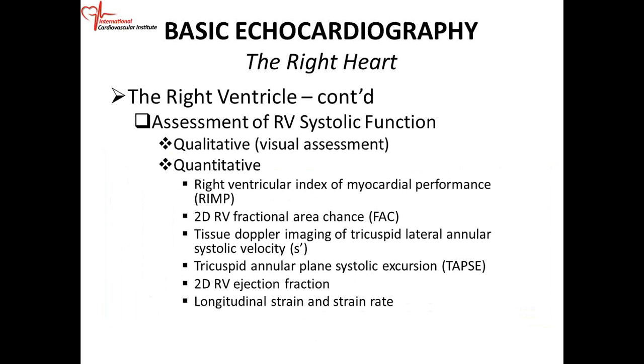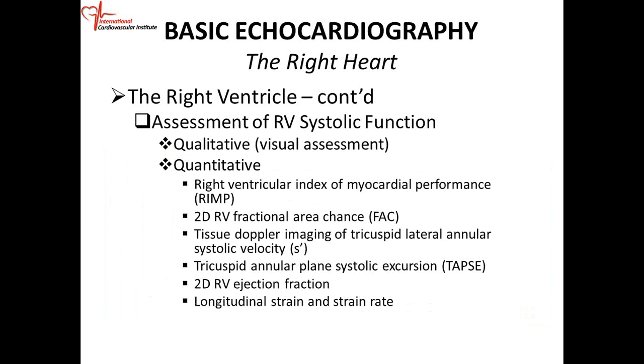We can assess RV systolic function using a number of different studies, different measurements. So when we talk about RV systolic function, we can just look at the RV and determine, is it contracting well, yes or no? And so that's a visual assessment.